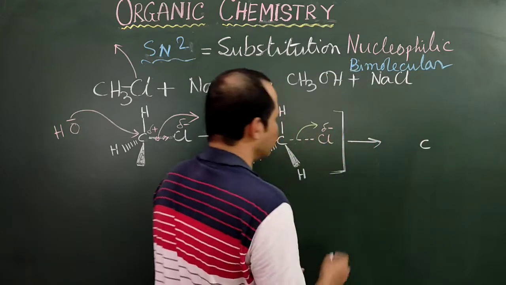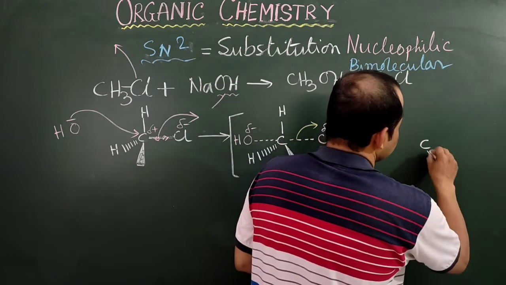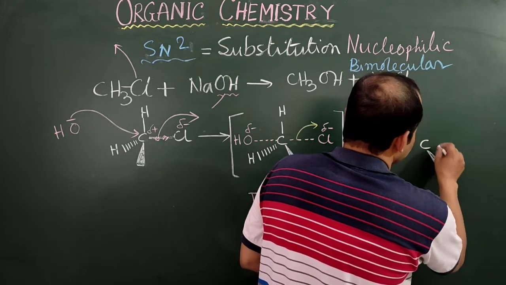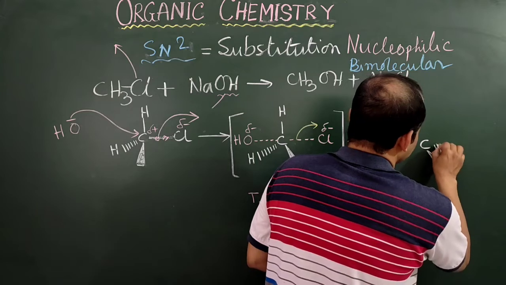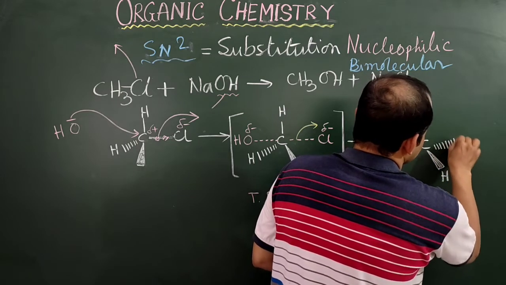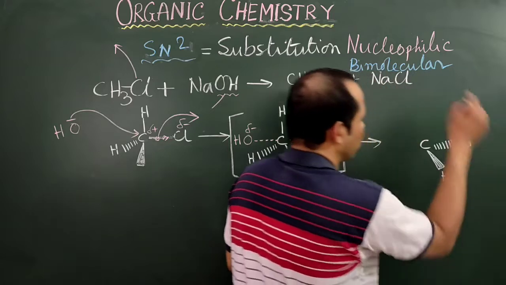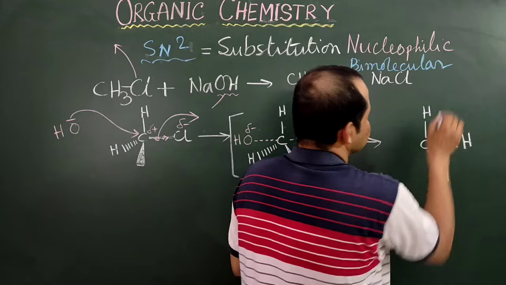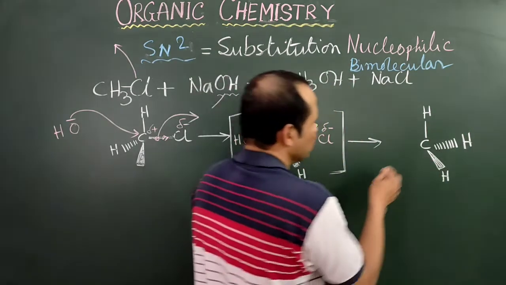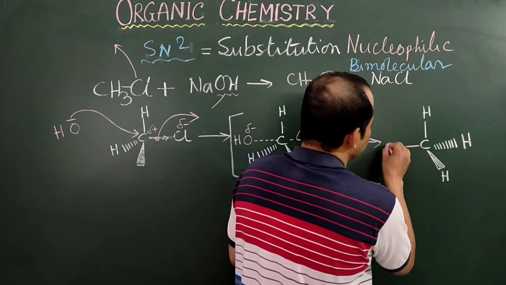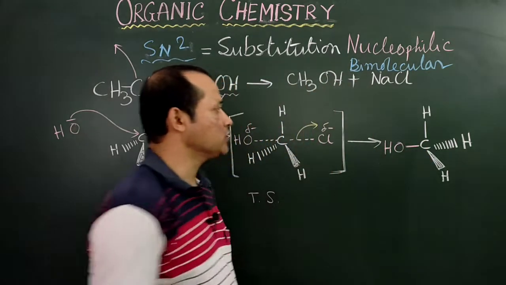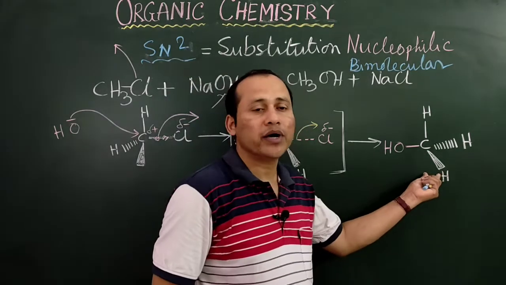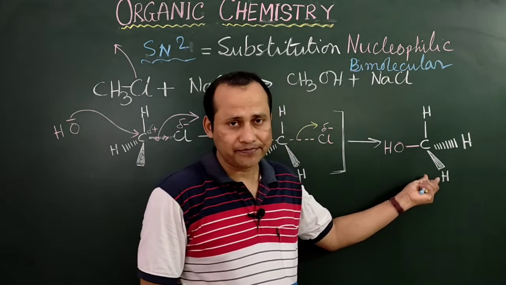This is the central carbon, this is the carbon hydrogen bond above the plane, this will be the carbon hydrogen bond below the plane, and this will remain as it was, and this is the newly formed bond. So in this way, from this substrate through this transition state, one new product is obtained.